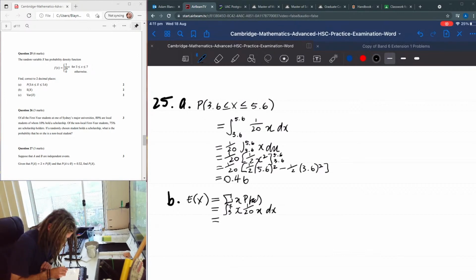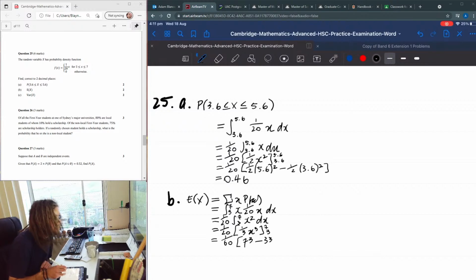And I've set up my rule. Now let's solve it. So I'm going to bring this 1 on 20 out again. That's going to be x squared. 1 on 20 outside of, raise it, divide by, 1 on 3 x cubed, 7, 3. Let's bring this 1 on 60 out. Now I've just got 7 cubed minus 3 cubed.